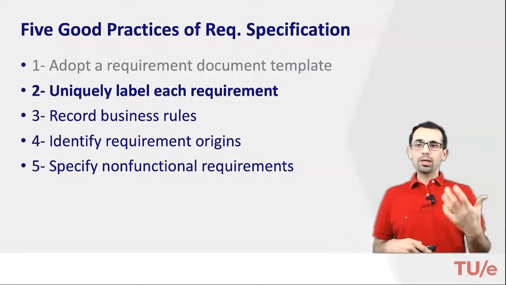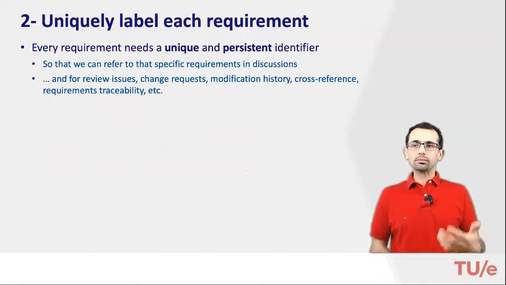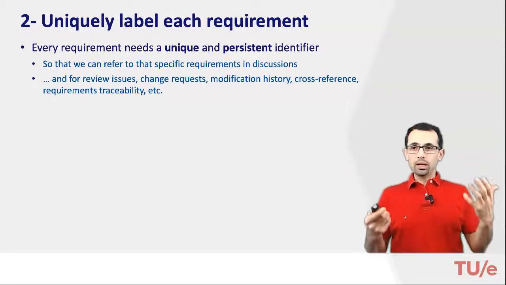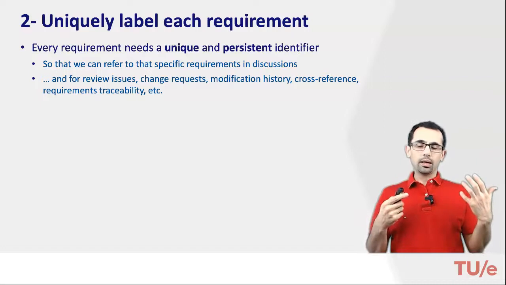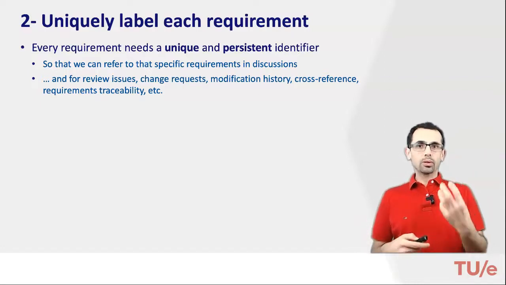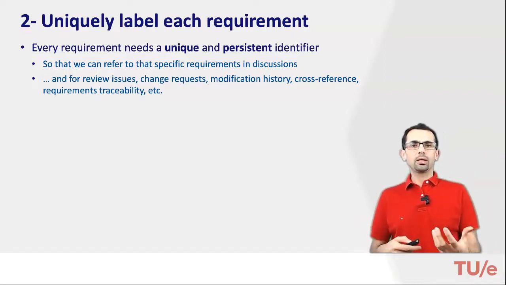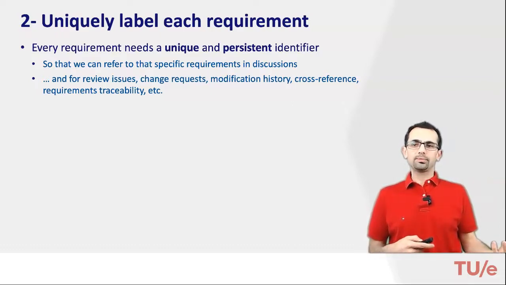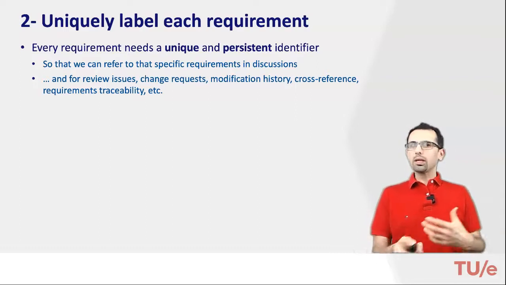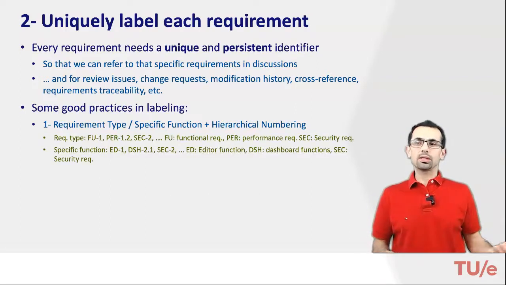Now the second one is uniquely label each requirement. Every requirement needs a unique and persistent identifier, okay? So that we can refer to that specification in any kind of discussion, and so that we can establish traceability that we'll discuss later on.